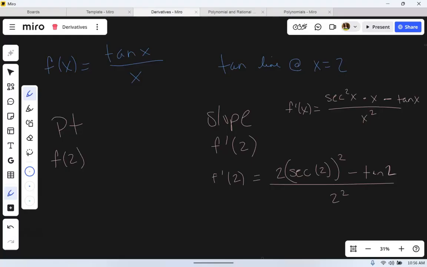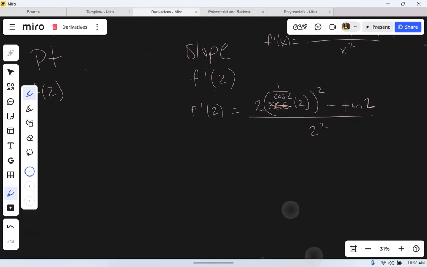Secant is 1 over cosine. You don't have a secant button on your calculator, so I put in my calculator 1 over cosine 2. That's why. Then square it.